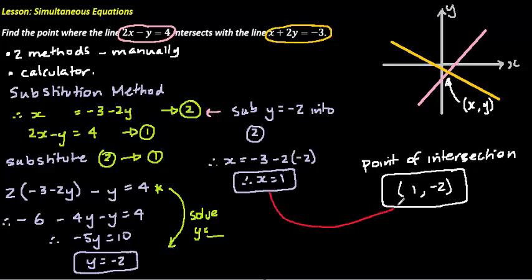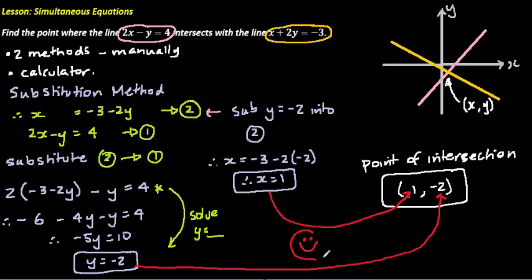And have a look. x equals 1, x equals 1, which is what we worked out with the elimination method. And y is negative 2, and y is negative 2. Because they're the same, that is awesome. So that's how I manually use the substitution or the elimination method to calculate simultaneous equations.